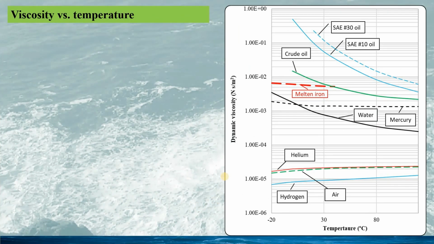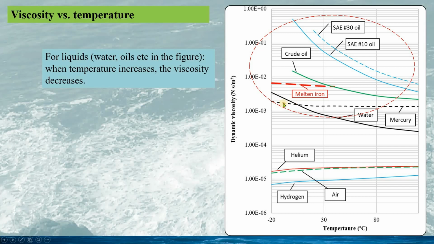In this slide, the relation of the viscosity and the temperature is given. From the plot we can see that when the temperature increases, the viscosity decreases. See the change of the viscosity here. And for a comparison, molten iron is plotted here.